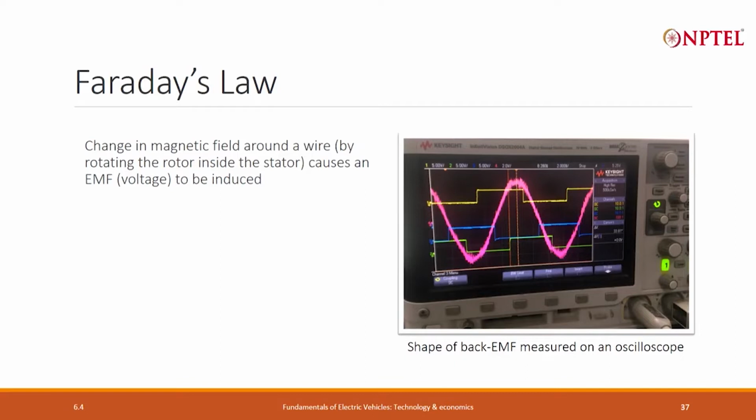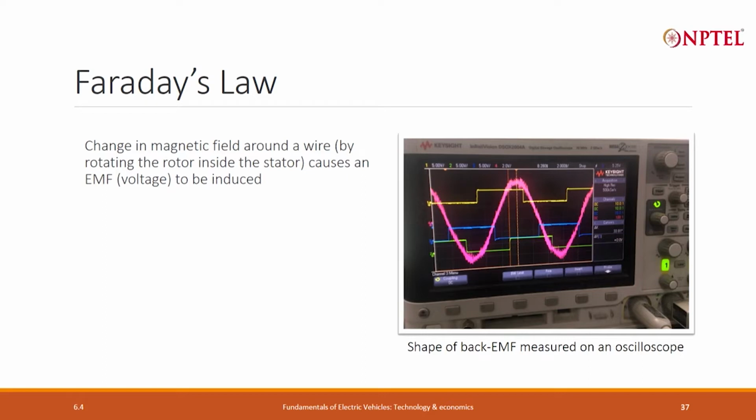This just comes from Faraday's law. When I am rotating, the flux is changing because the direction of the magnetic field is changing, and this change in direction is causing a change in the flux, and that is generating a back EMF.